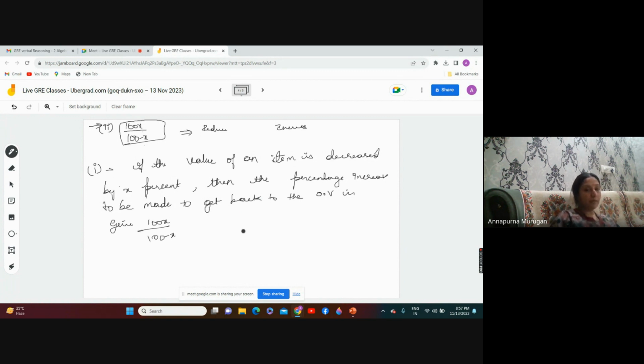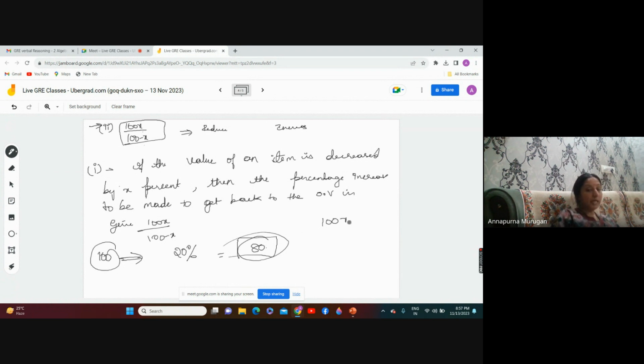For example, we have an item of 100 rupees, but they have decreased it by 20%. That means now the value of the item is 80. If we have to get this 80 back to 100, by how much percentage do we need to increase?